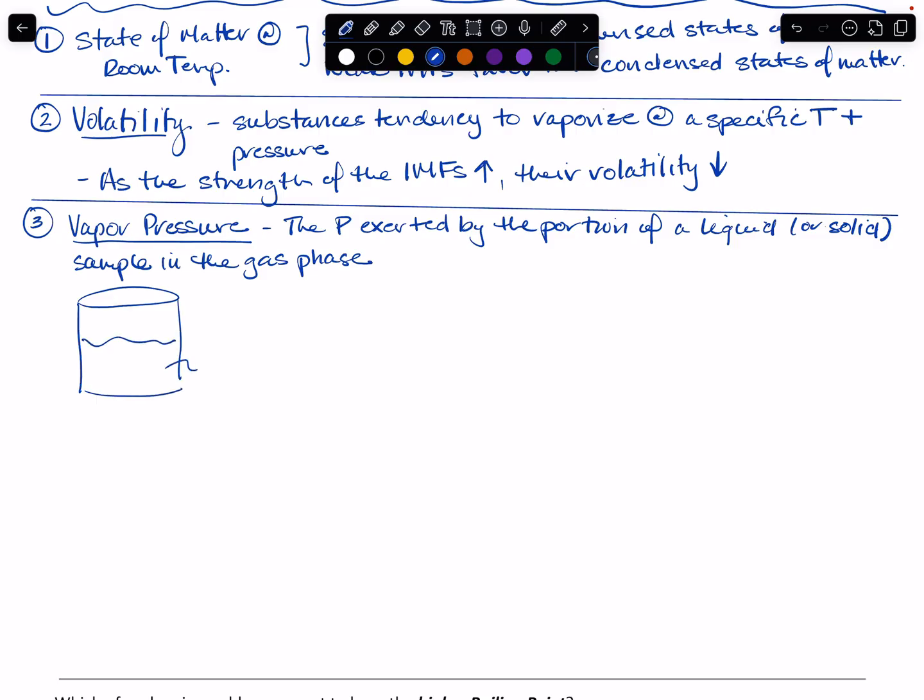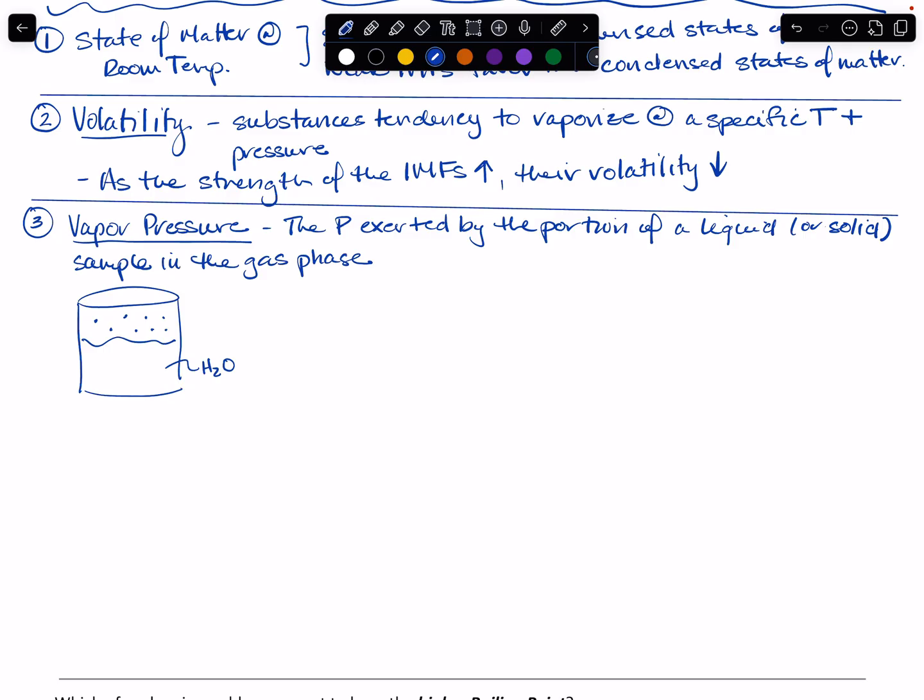So let's say this is a liquid. Let's just say it's H2O. At any given temperature, there is going to be a portion of that liquid H2O, those particles that have enough energy to escape the liquid phase. So you're going to have some particles of water that are in the gas phase.